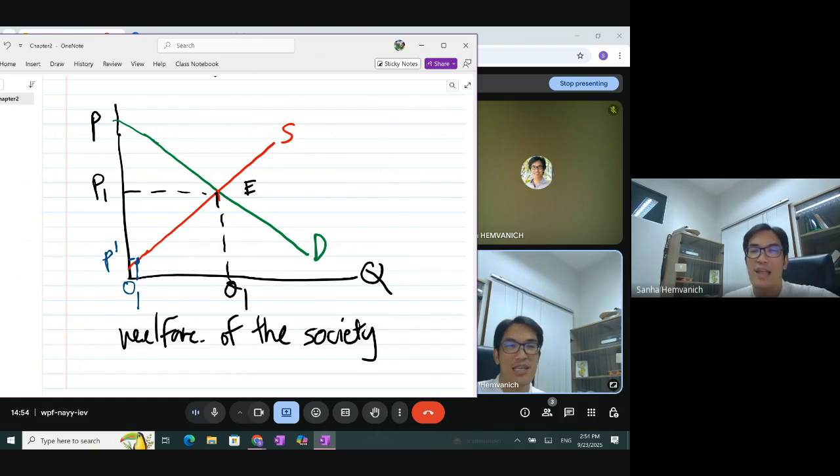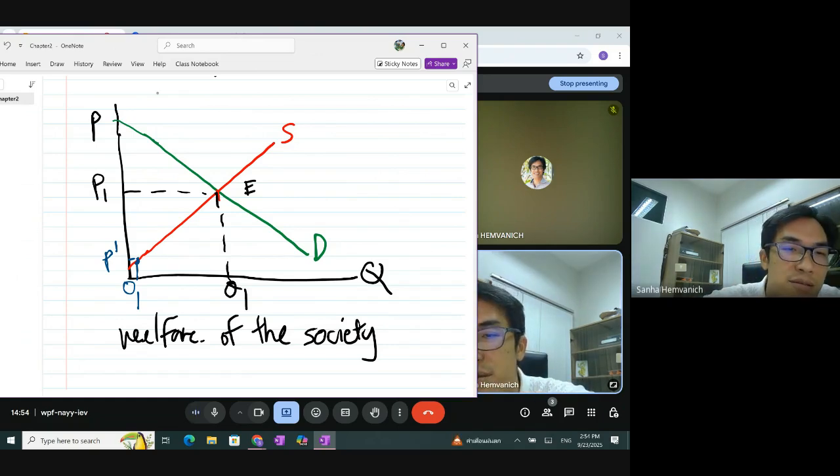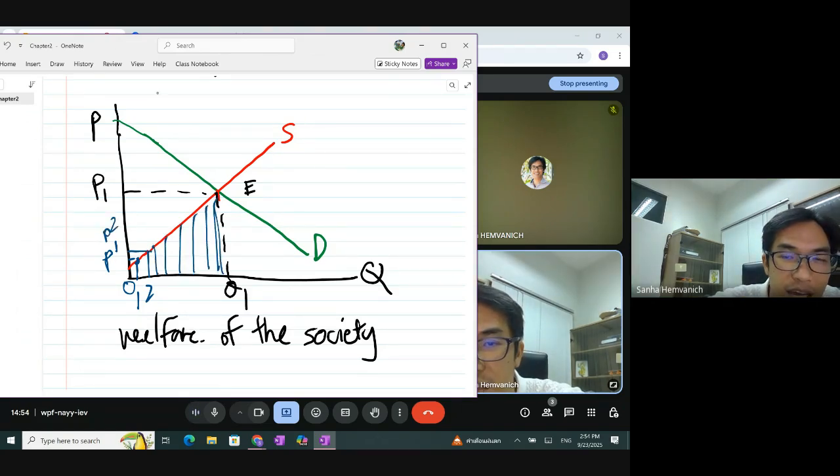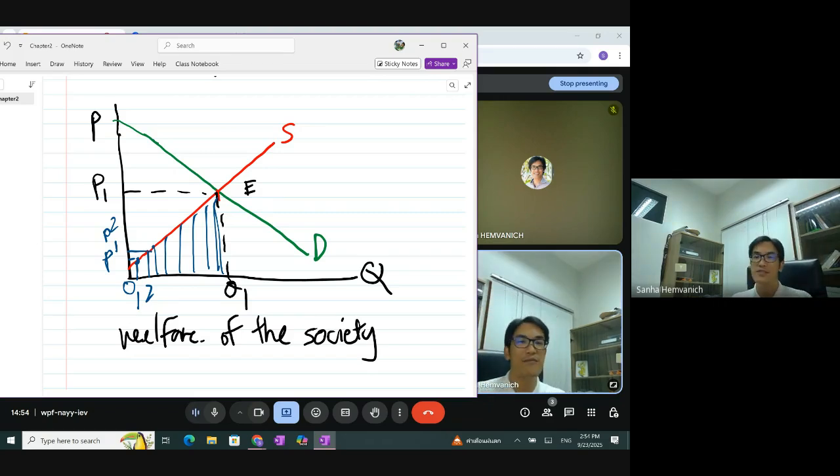As you can see with P1, as we move along, with 2 units we have P2, and we can move along the supply curve. So we have the same story.